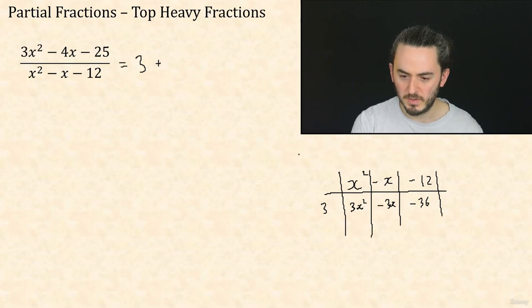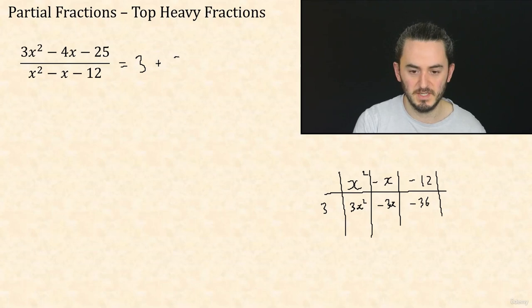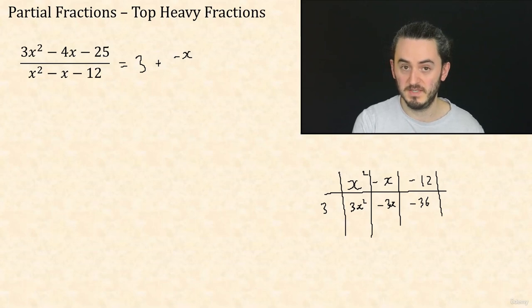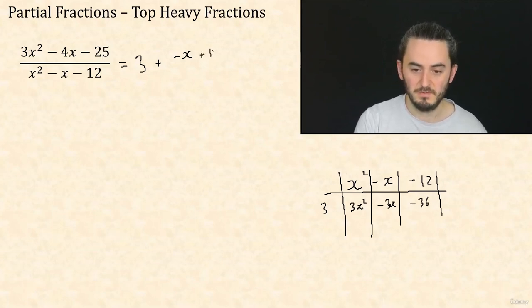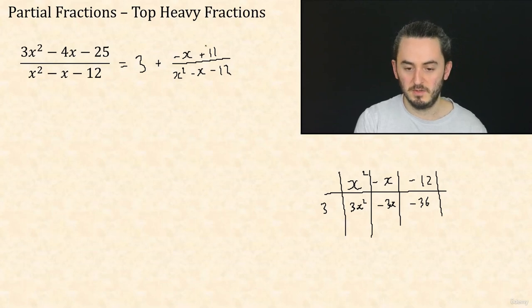The remainder is, well, I've got a minus 3x and I wanted a minus 4x. So I need another negative x. And I've got minus 36 and I wanted minus 25. So I'd need to add 11 there. So there's my remainder, and I stick that over the original denominator. So this is now what I need to split into partial fractions.